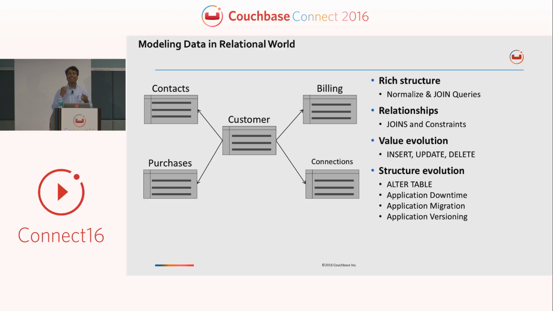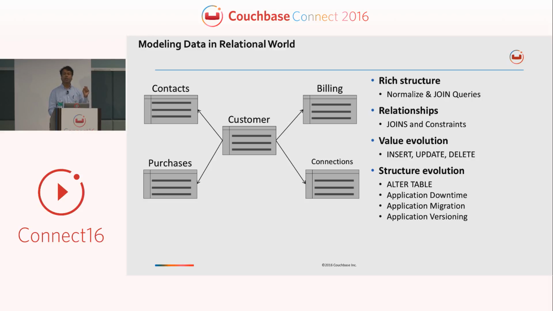When you want to get the customer object, you join them and create the customer object at runtime, right? So the relationships are represented as foreign key constraints, and you do the joins to construct the object. The value evolution itself will happen through insert, update, delete. Structure evolution requires alter table, right?